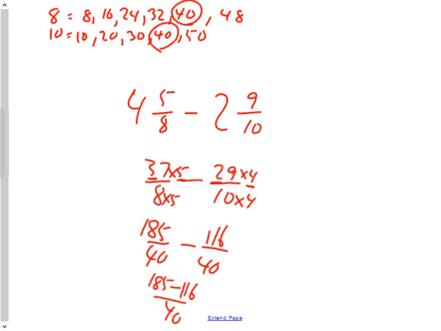Big numbers here, but that's okay. I can use a calculator. 185 take away 116 is 69/40ths, which is 1 29/40ths as your final answer.